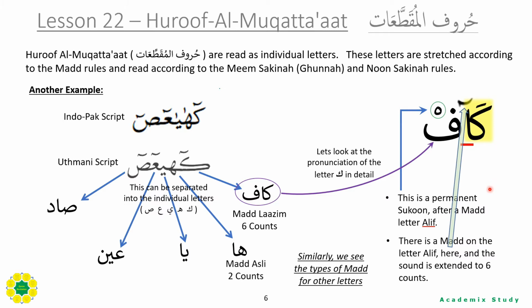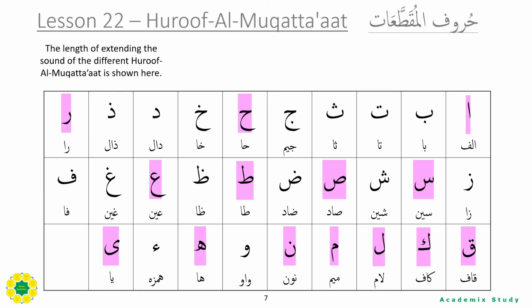We can write the types of mad for the other letters as well. Ha and ya are mad asli and they will be extended to 2 counts, and the ain and the sad are extended to 6 counts. The length that each letter is to be extended is shown here.